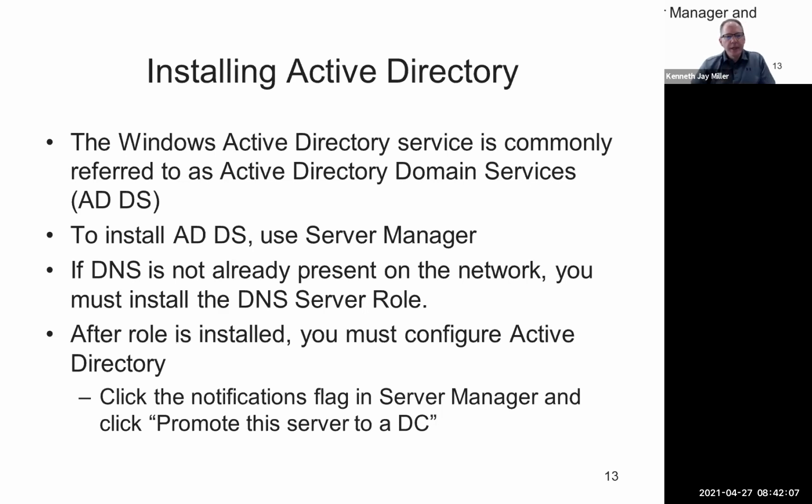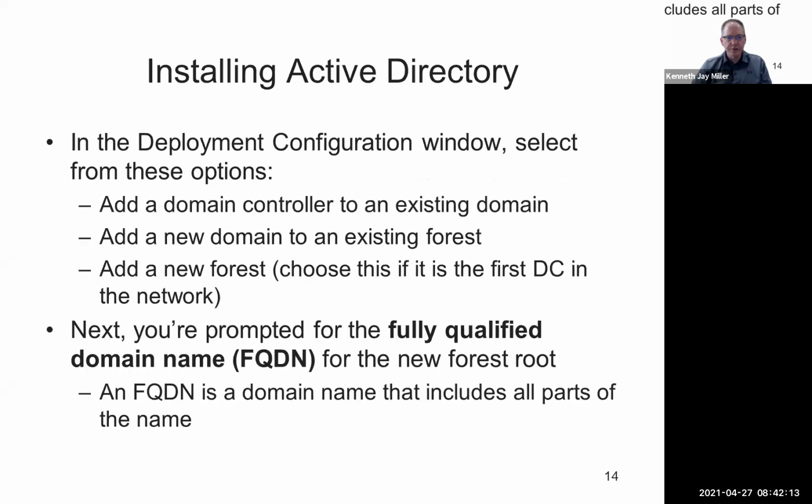So anyway, after the role is installed, you have to configure Active Directory when you promote this server to a domain controller. Now, in the deployment configuration window, we are going to select this third one here, add a new forest. Choose this if it is the first domain controller in the network. So that's exactly what we're going to do.